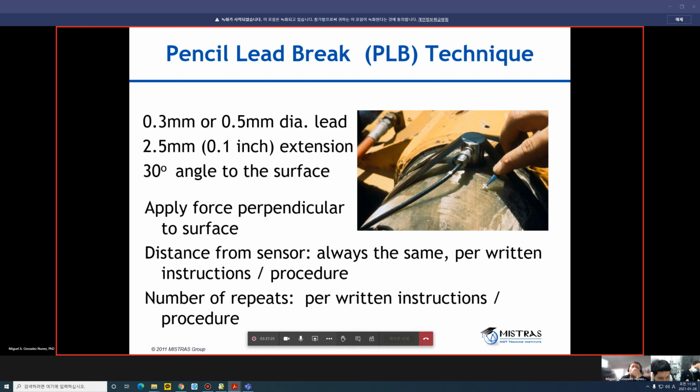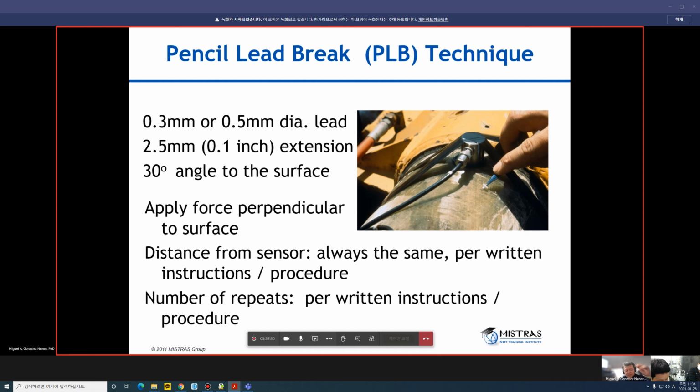Depends on the distance between pencil lead and the sensors. Yes, but that is used to calculate the attenuation of the signal. I still don't understand. Anyway, I'm sorry, but I should understand this. No, no, it's fine. It's okay.